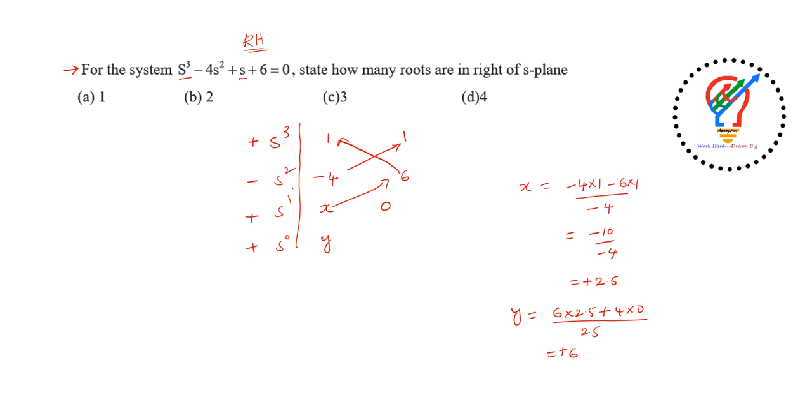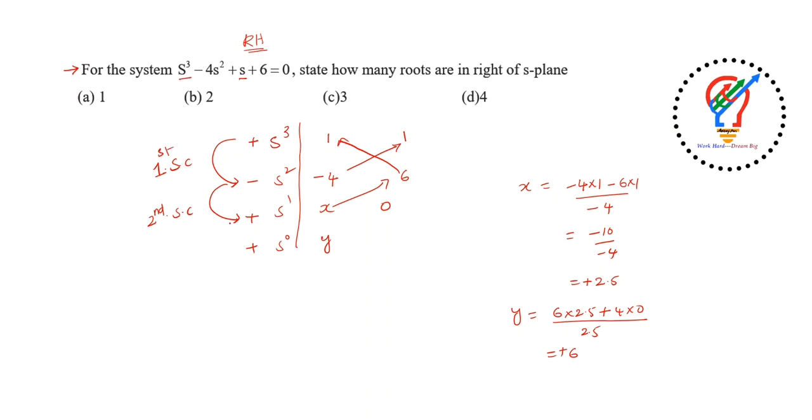Now understand, how many sign changes are there? First we have plus 1, and here we have minus, so that is one sign change. From here minus 2, again plus, again it is changing, so we have a second sign change. Here you have the first sign change, and next the second sign change.